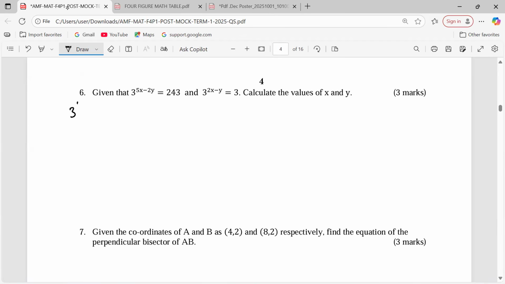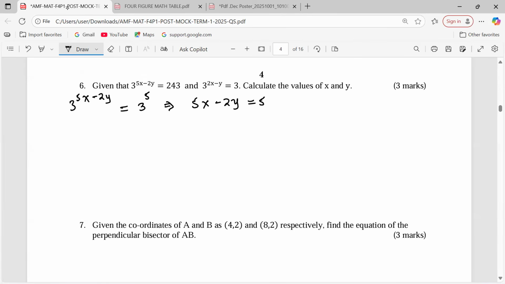So 3 power 5x minus 2y equals 3 raised to the power of 5, like that. Now that the base is the same, from this we can extract a linear equation by equating the powers. Because the bases are already the same, we can equate the powers like that. So we have equation 1.